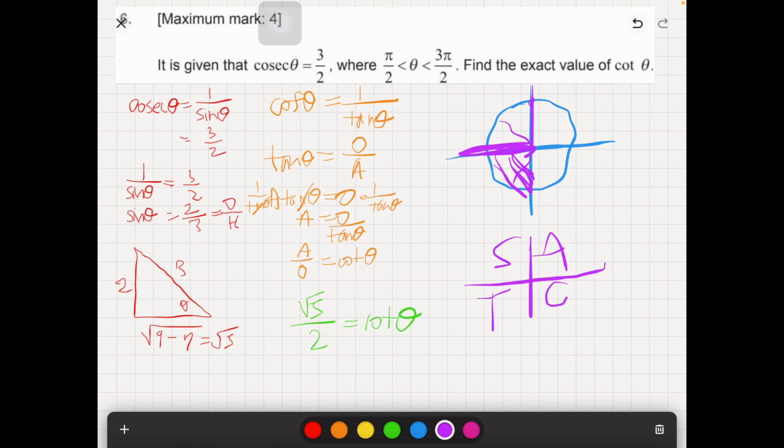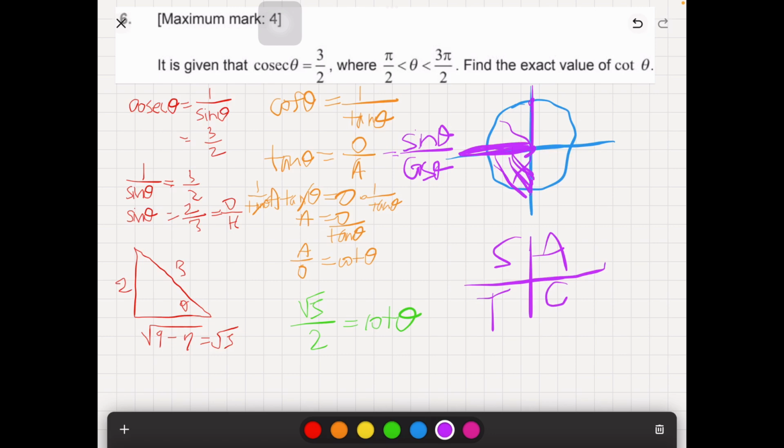Well, tan theta is equal to sine theta over cos theta. And because only sine theta is positive in this quadrant, we know that cos theta must be negative. So therefore, tan theta is also negative. And because tan theta is negative, cotangent theta is negative. Not sure if you follow with the reasoning, but that's basically how I think of it.